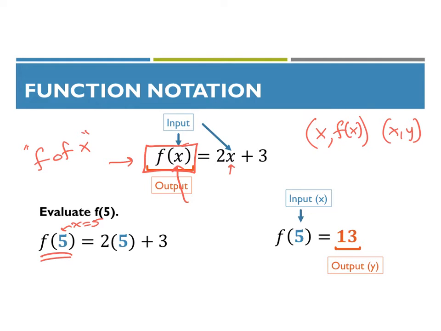And so if we sub in 5 wherever we see an x, we get 2 times 5, which is 10, plus 3, which is 13. And so we say f of 5 equals 13, and that maps to the point on the coordinate plane of 5, comma 13. So make sure you take a moment to at least write down the function notation and maybe that example down below before we start diving into some examples here.